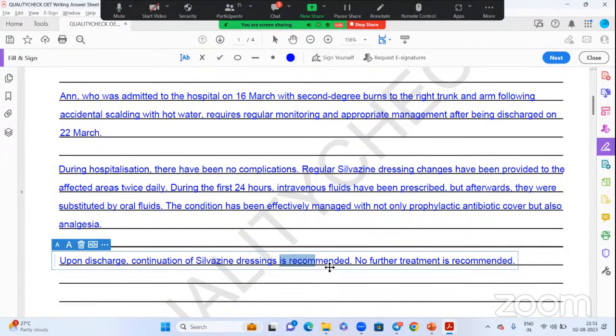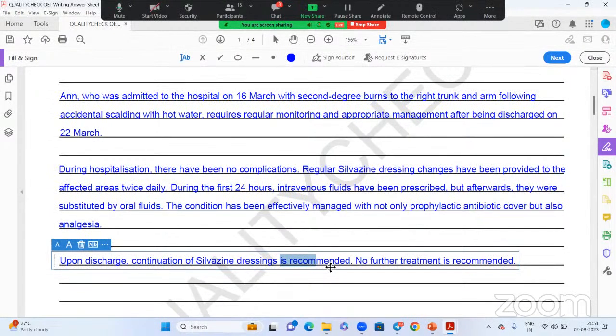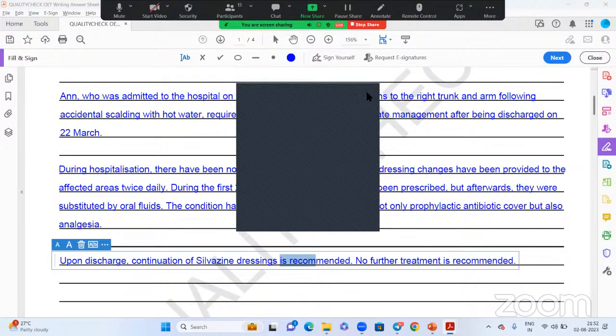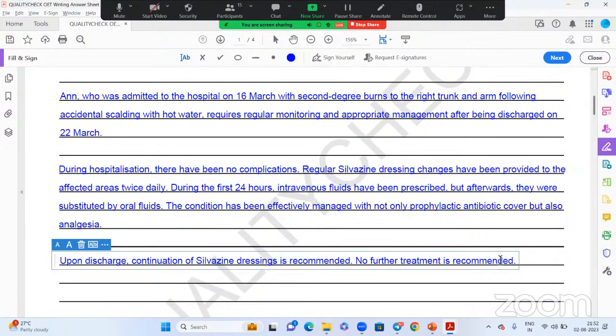Earlier, silvazine dressings were already recommended, but now continuation is recommended. Already existing silvazine dressings are ongoing, so you have to continue that. So continuation is recommended with regard to silvazine dressings. The next one: no further treatment is recommended, is necessary, is required, is advised, is suggested.